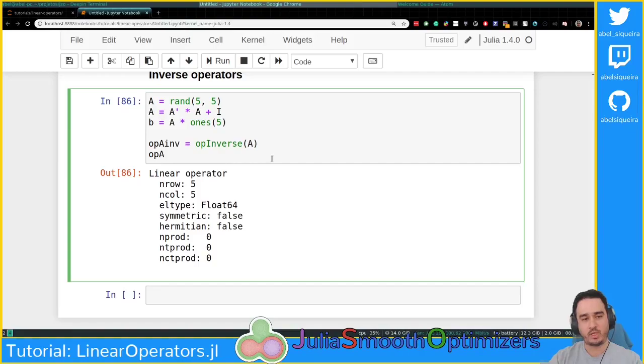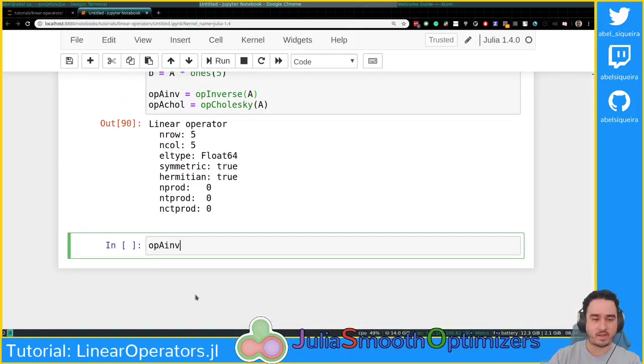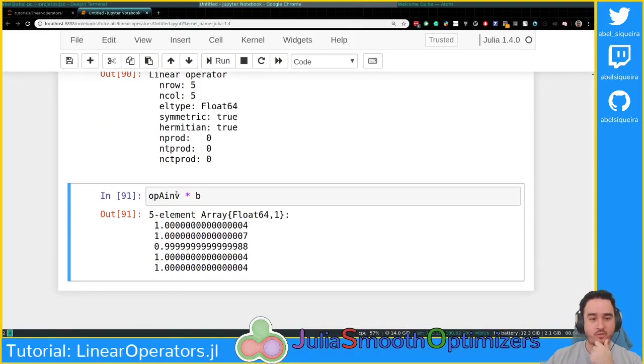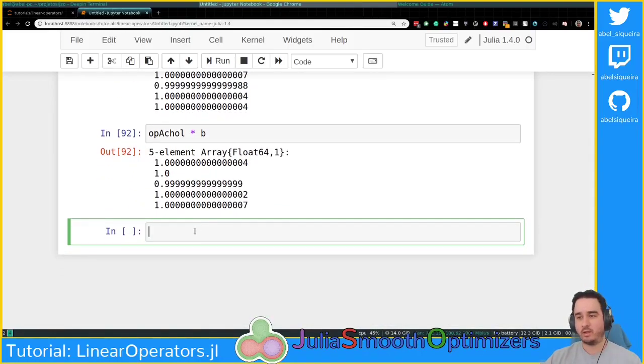I have OPHL, which is the Cholesky. OPA inv and OPHL are OP inverse of A and OP Cholesky of A, which call the Cholesky decomposition and use A backslash to solve a system. If I multiply OP inv times B, it results in the solution of AX equals B, and OPHL times B does the same thing, okay?